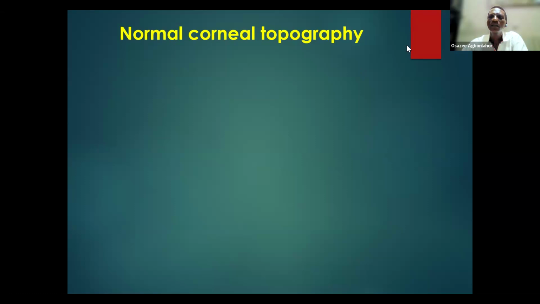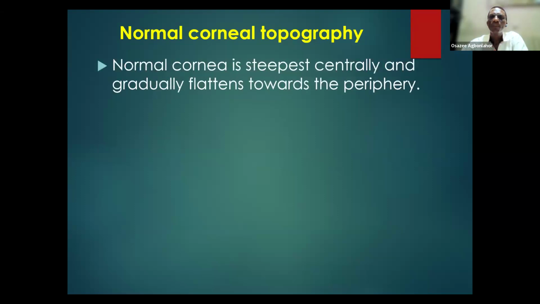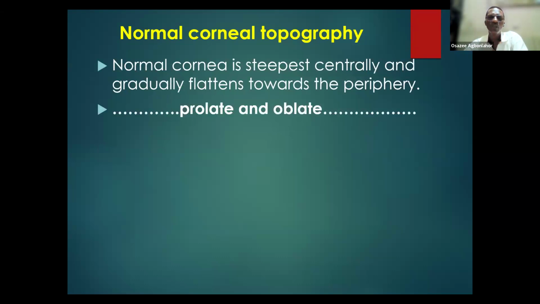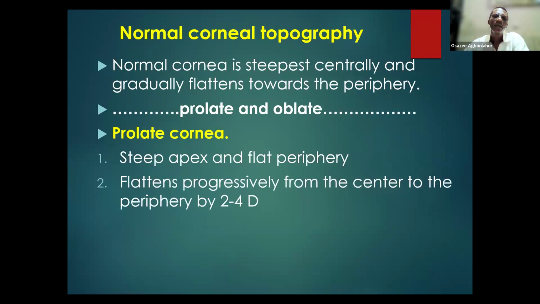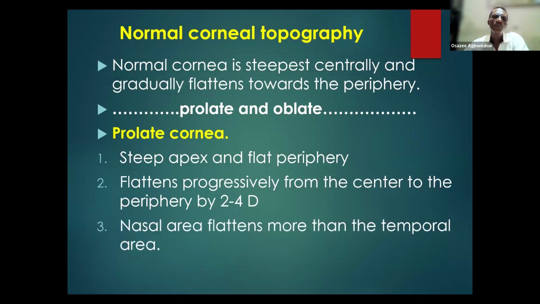All right. The normal corneal topography we said is usually steepest centrally and gradually flattens out at the periphery. That's a prolate cornea. So prolate corneas usually have a steep apex and flat periphery, flattening progressively from the center to the periphery by about 2 to 4 diopters.